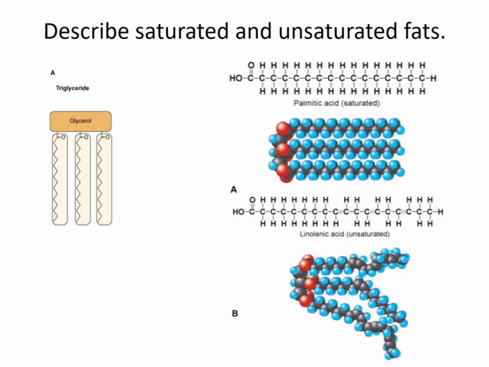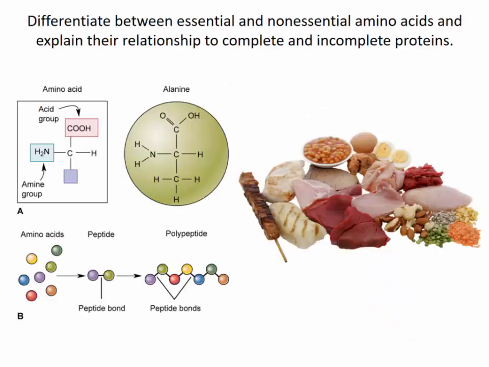So now that we've discussed the 4 different types of macromolecules, let's go back and look at proteins again, so that we can differentiate between essential, non-essential amino acids and explain their relationship to complete and incomplete proteins. So as we discussed previously, you find amino acids in things like meat and any food that you would eat overall, beans, vegetables, fruits.